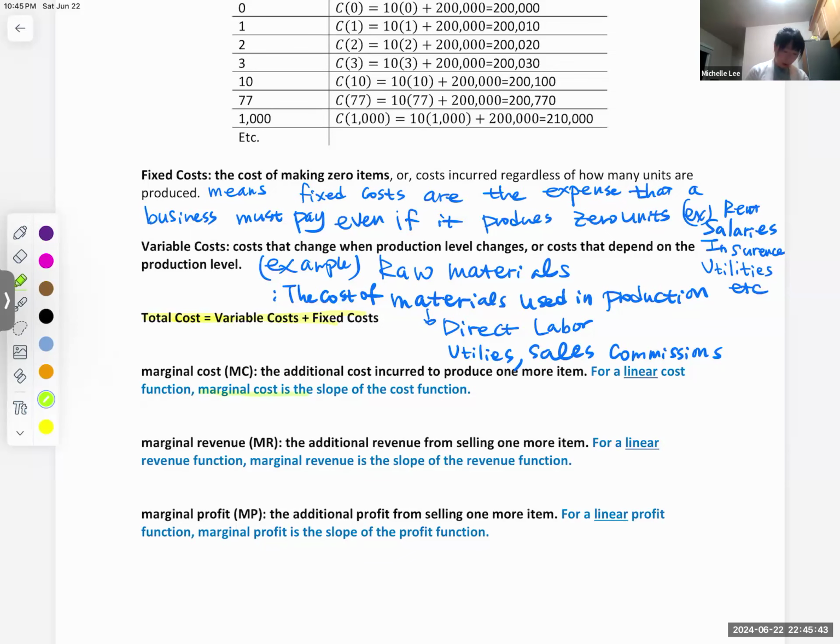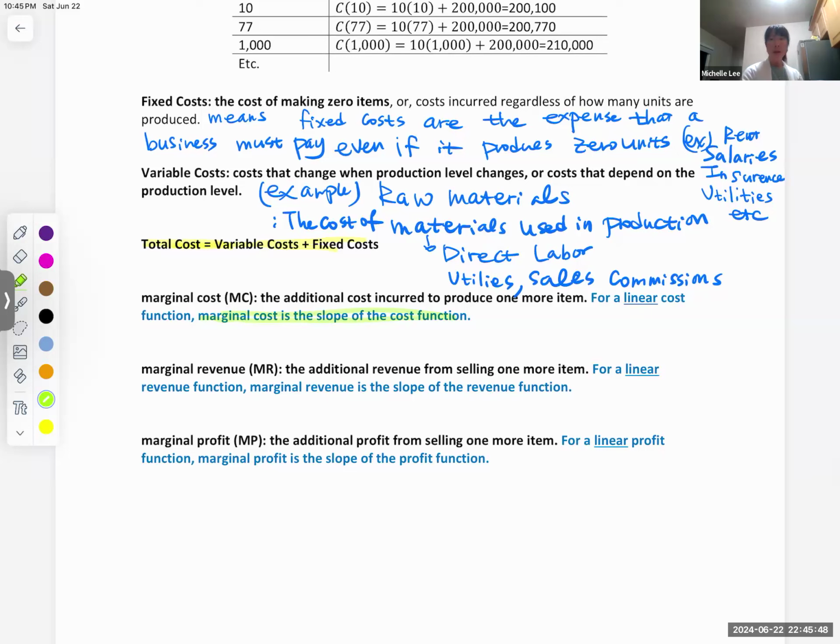And marginal revenue, the additional revenue from selling one more item. For a linear revenue function, marginal revenue is the slope of the revenue function.